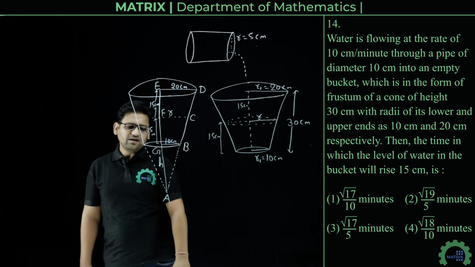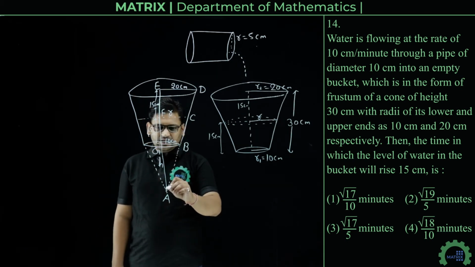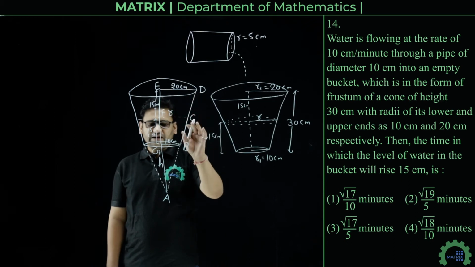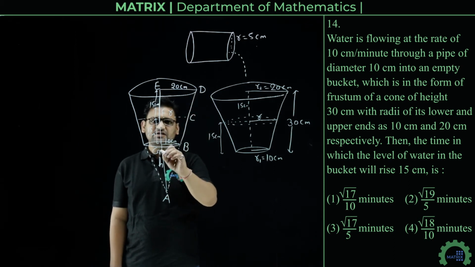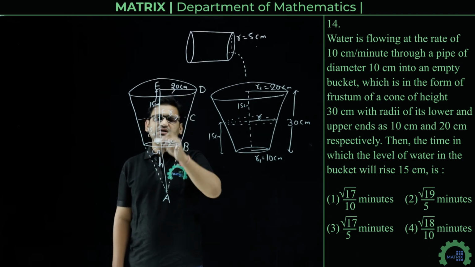To find the radius r, we can clearly see that triangle AGB is similar to triangle AED, as all these lines are parallel to each other.